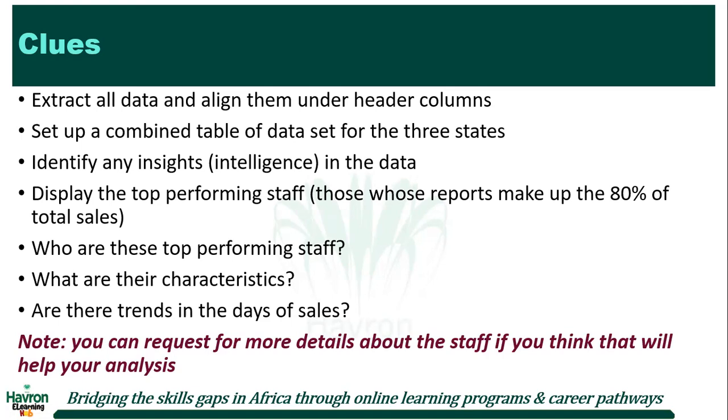Then what will also help us is, can we get the top performing staff? Then our advice is maybe look at those whose contribution makes up 80% of the total sales. So we can do that at the state level, and then we can also do that at a team level.